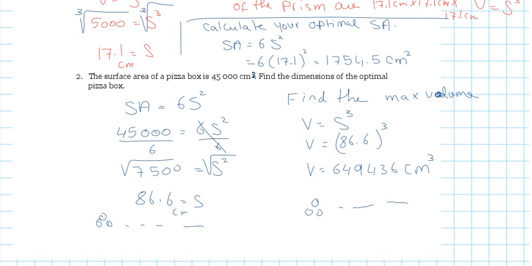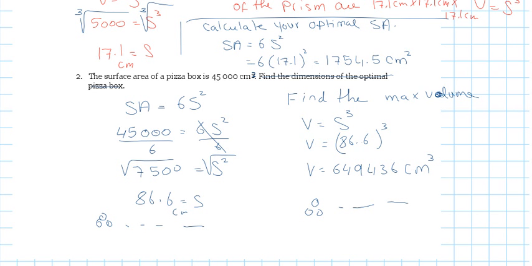You have to find the dimension first, then find the volume, because you can't find the volume without the dimension.